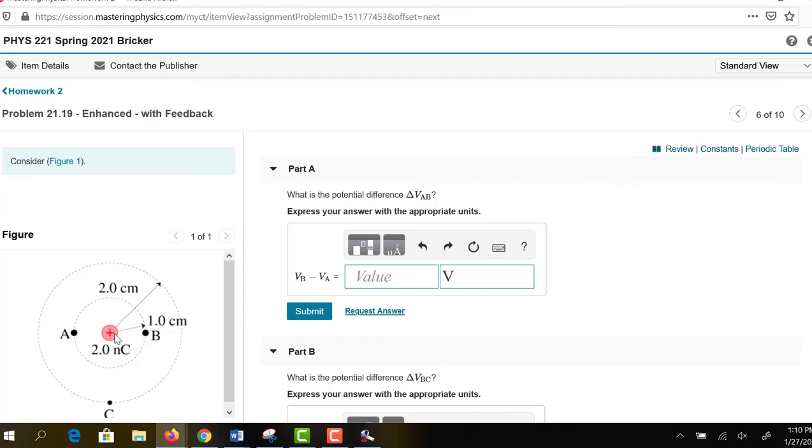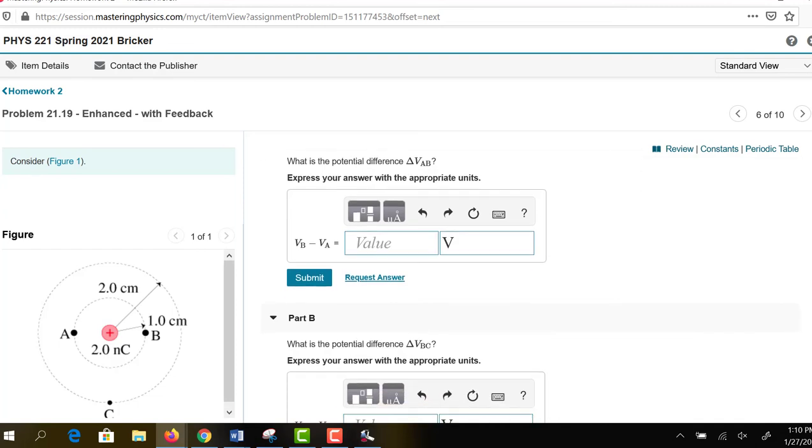So point A and point B are the same distance from this point charge, so the voltage at B and the voltage at A are the same thing, so there is no potential difference. This is an equipotential surface here. So the answer to the first part is 0. There is no potential difference. You're at the same height if you use the topographical map analogy.